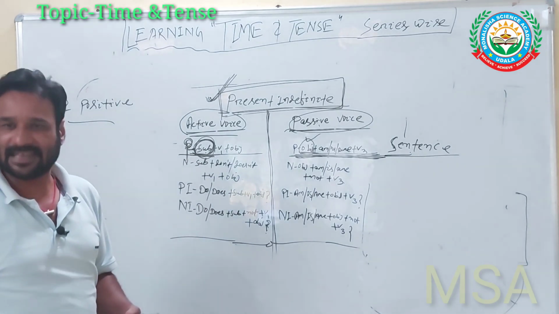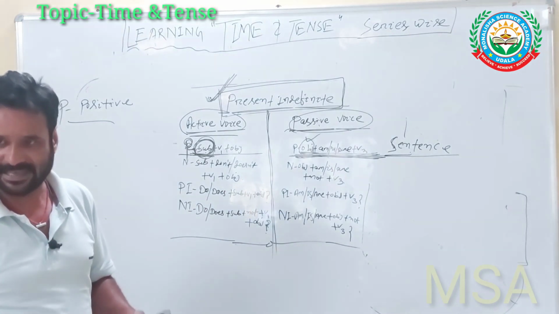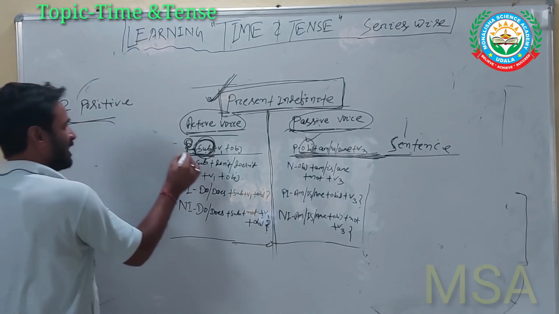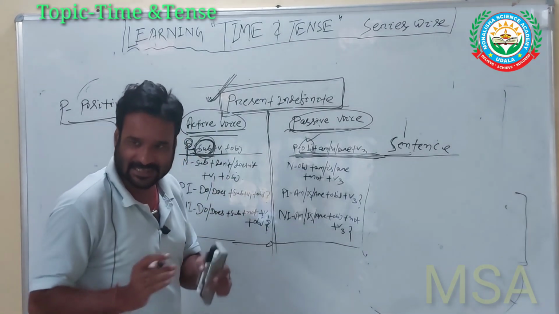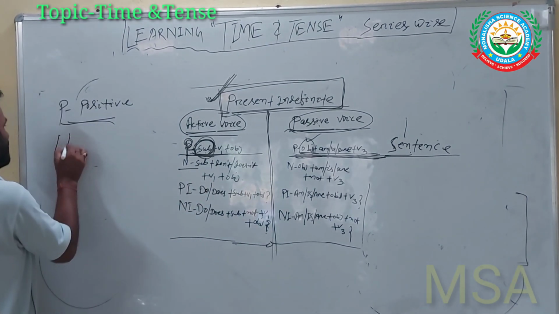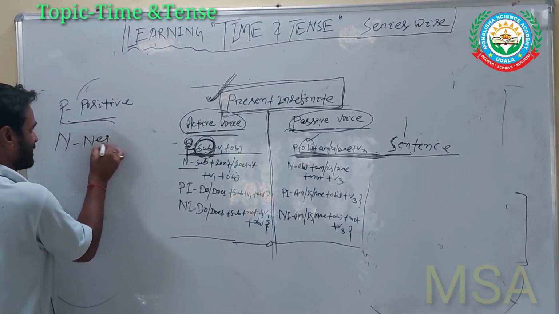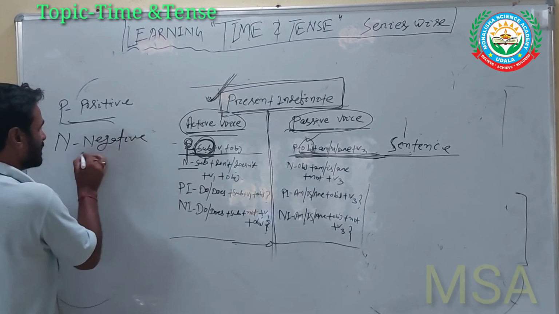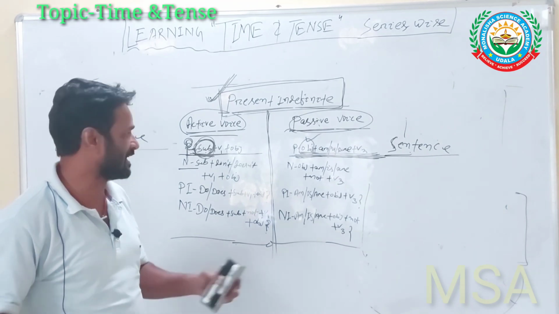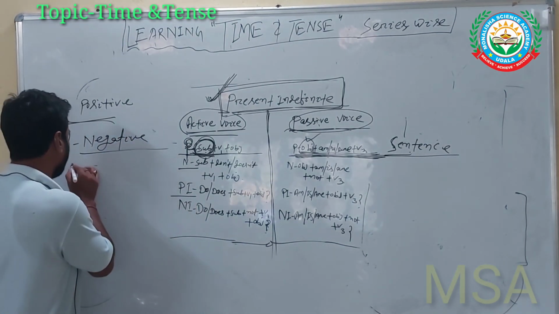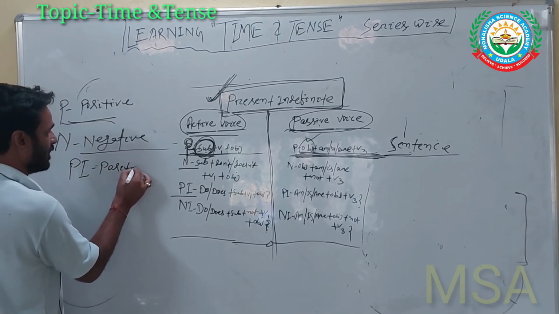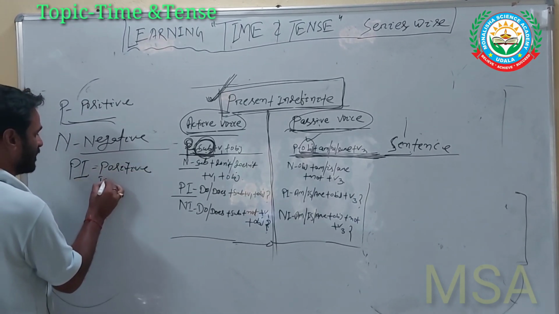We can also say affirmative sentence or positive sentence. A positive sentence means a yes-saying sentence. Next one is N. N means negative sentence, that is, a no-saying sentence. The third one is PI: P for positive, and I for interrogative.